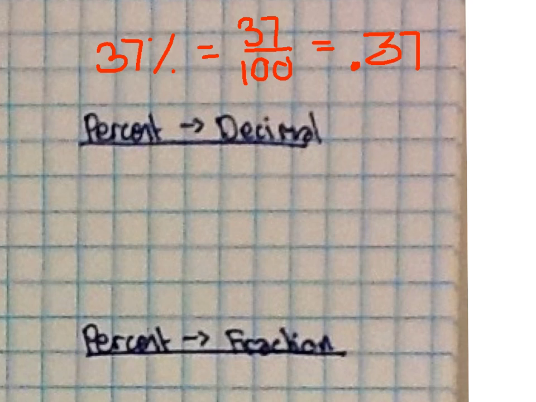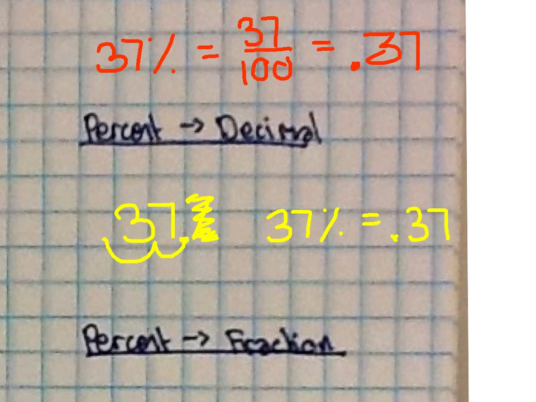So if you notice, the faster way to change a percent to a decimal, and this is what you should write down, is you take your percent, you drop your percent sign, so you pretend that's not there anymore, and then you move the decimal that's at the end 2 times to the left. So 37% is the same as 37 hundredths.